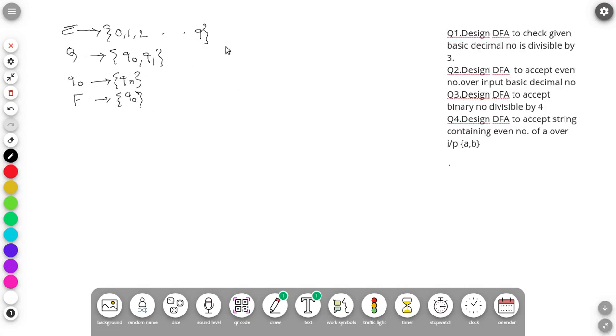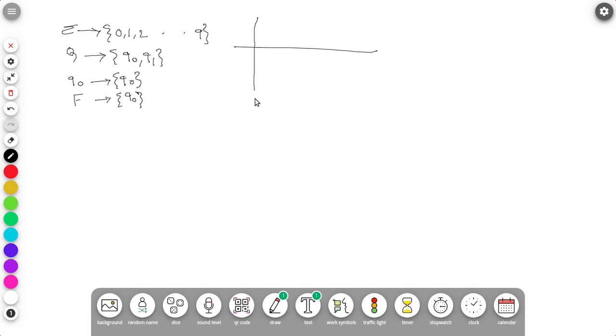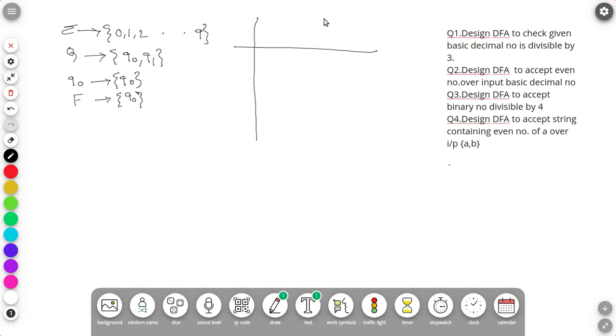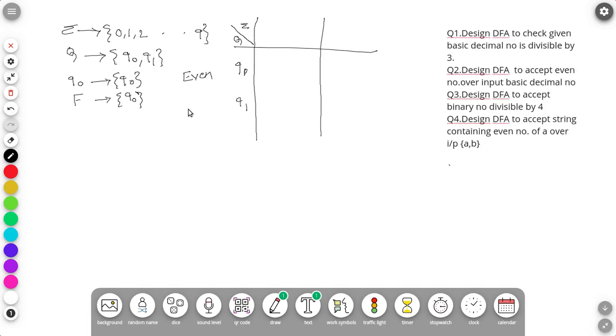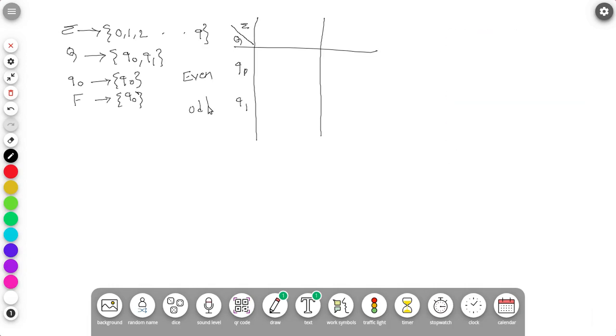So we'll design a state transition table for this particular problem. Our states are Q0 and Q1. Q0 is the even number state and Q1 is the odd number state.